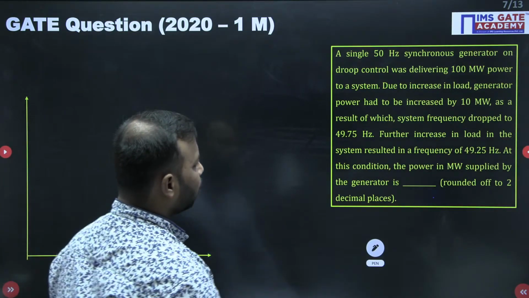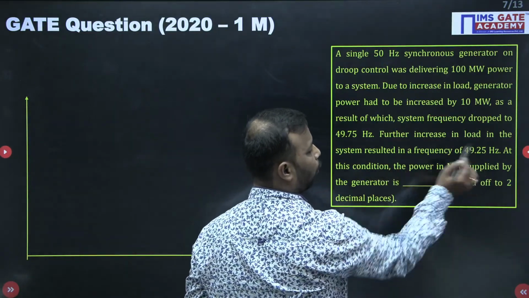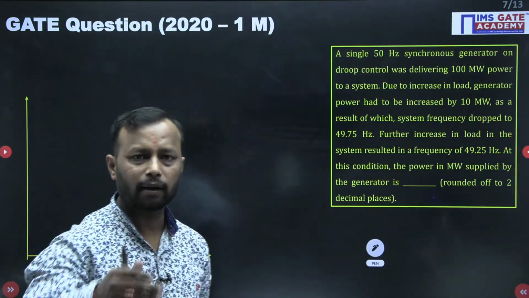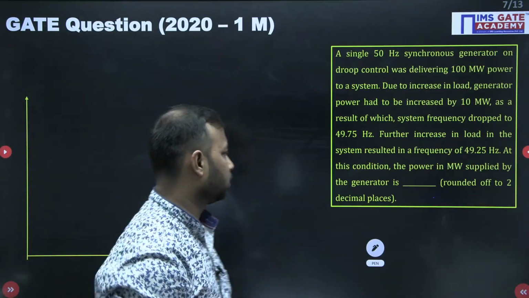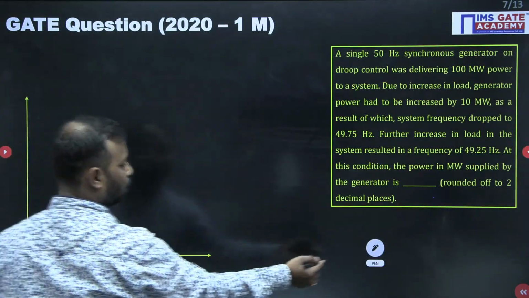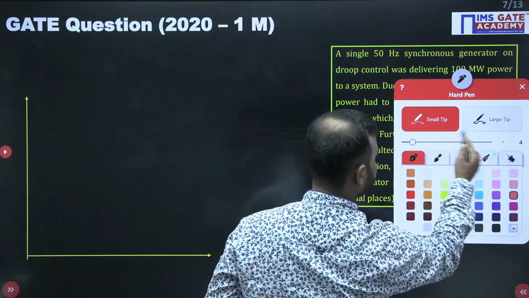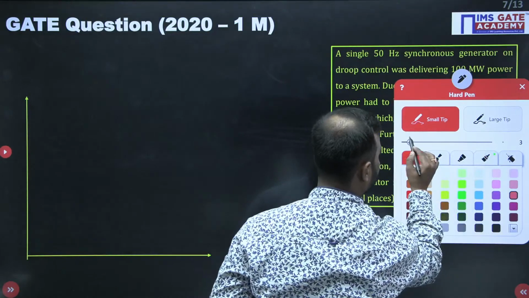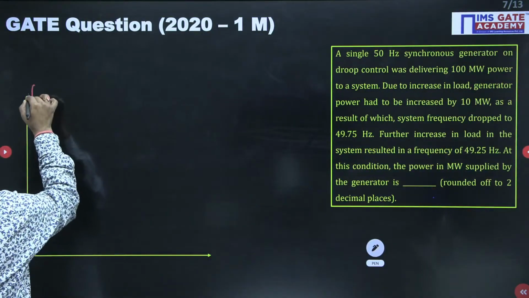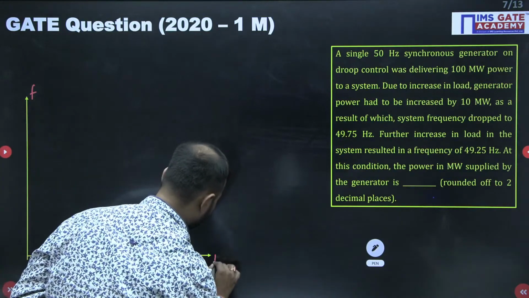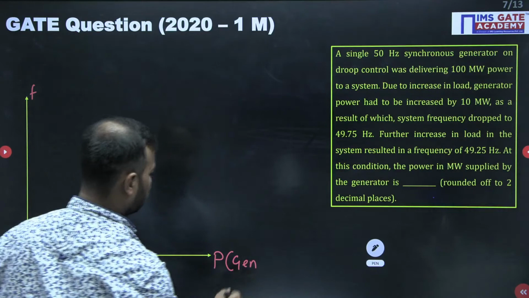So I need to calculate the power in megawatt if the frequency becomes 49.25. Now as we know that if the load is going to be increased, the frequency is going to be decreased. So if you see carefully, you are going to have the droop curve. So this is frequency, this is power axis for the generator. How many generators? Only one generator.